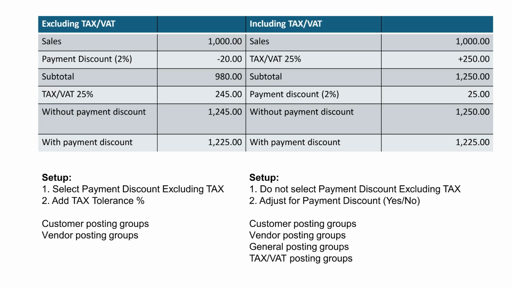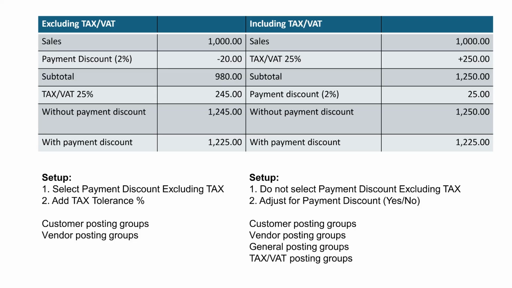Now, before we move along, I wanted to show you a slide that I did very quickly. Here in the slide, we are going to look at two different types of payment discount, one which is excluding tax and the other which is including tax.